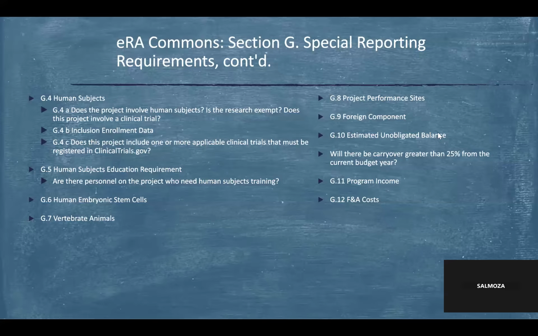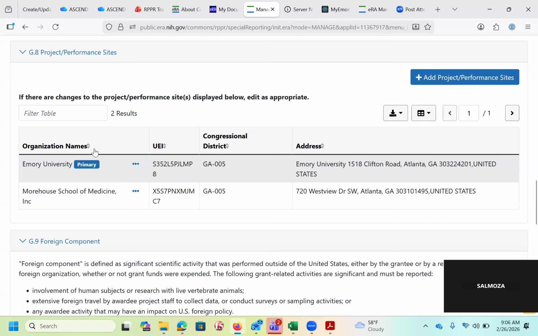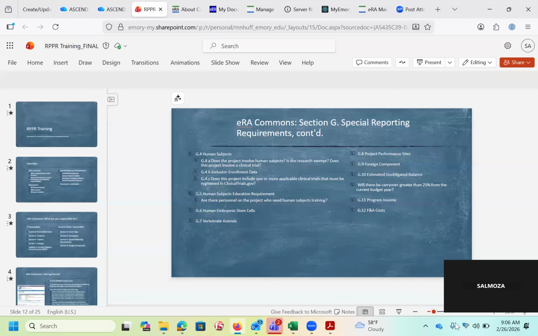And if you're the prime institution, it will have a little primary bubble next to your institution name in that little table. Same primary, so we're the primary institution here. So you'll want to make sure that if you're deleting entries, don't delete the primary one. But yeah, so just double check that piece.